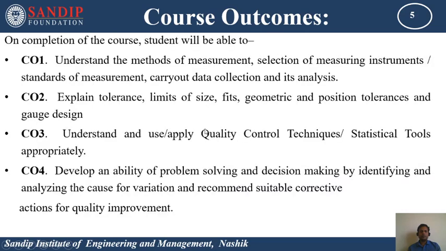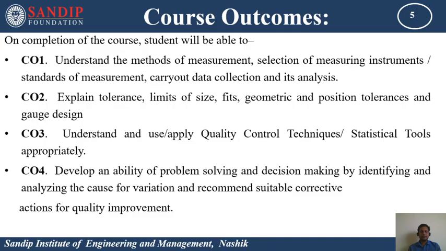Now course outcomes. On the completion of course, students will be able to, very first outcome is to understand the methods of measurement, selection of measuring instruments, standards of measurements, carry out data collection and its analysis. Second outcome is explain the tolerances, limits of size, fits, geometric and positioning tolerances and gauge designs.